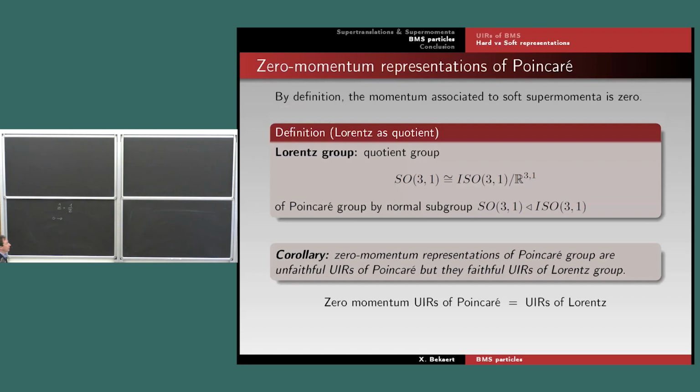So the zero momentum representations of Poincaré, in practice, are just representations of the Lorentz group. So usually that's why we never look at them physically, because they are a bit silly.